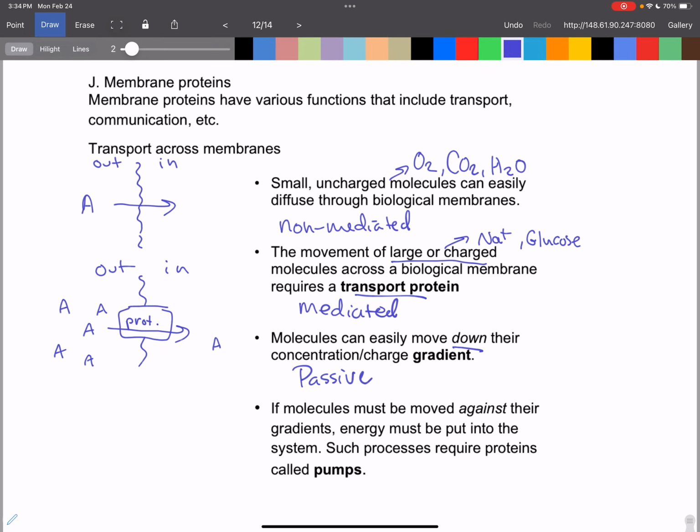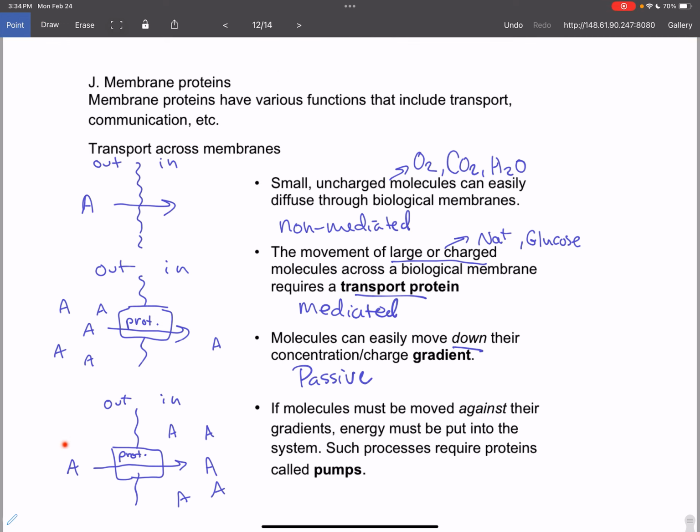Now, in contrast to that, we might have the reverse scenario where, again, we've got outside the cell, inside the cell, and still the molecule is going to need a protein to get through, but it's the opposite scenario. Maybe now there's a little bit of sodium or whatever on the outside and a whole lot of the A molecule on the inside, and we need then to get this A molecule in, but that's not favorable.